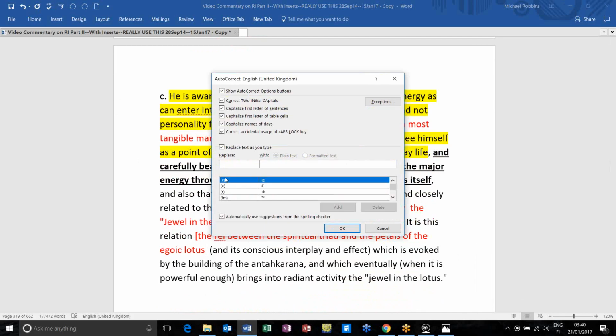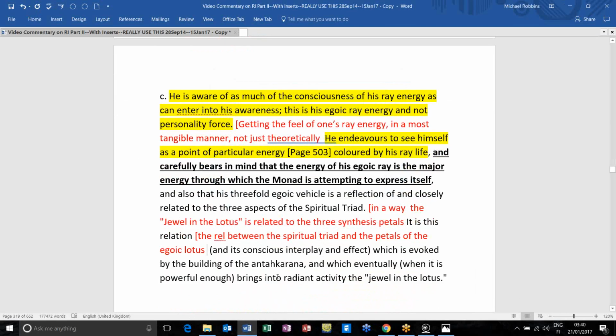Okay, so that is in this process being evoked. All right. And which eventually, when it is powerful enough, brings into radiant activity the jewel in the lotus.